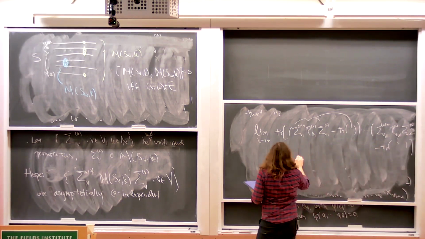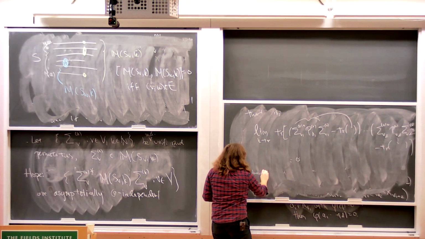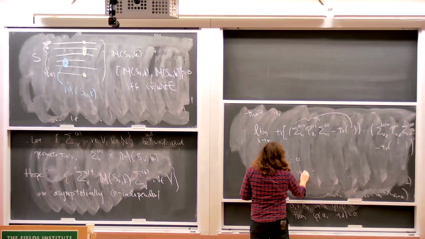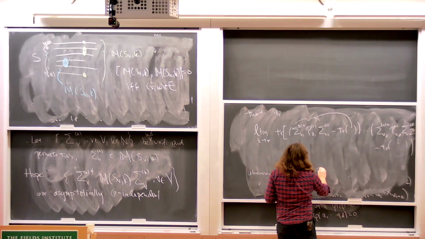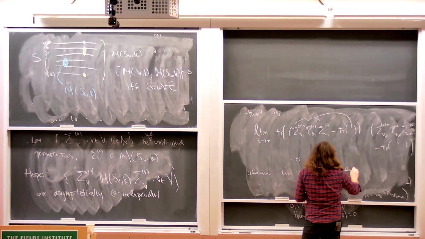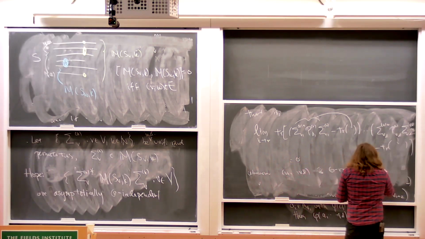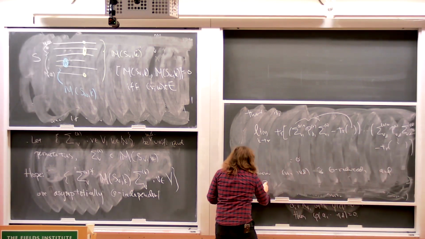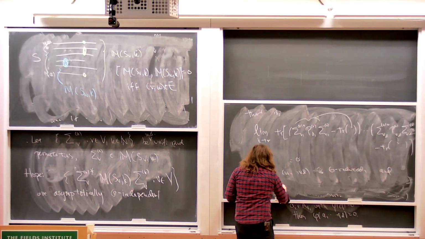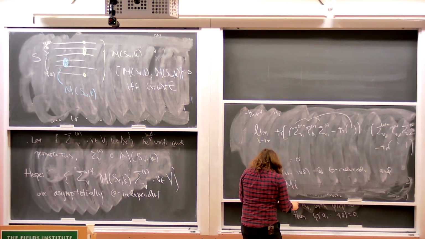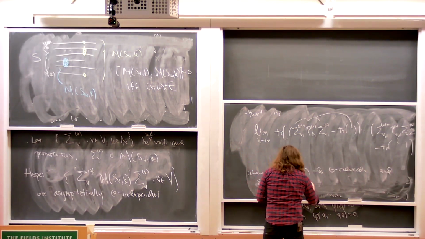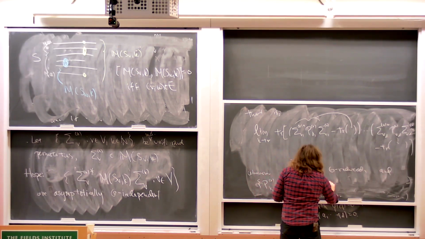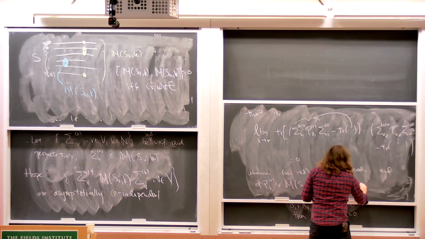I want this limit to be 0 whenever this is a G-reduced tuple of vertices, and these P's, P_{V_i,k}, belong to this algebra M_{S_{V_i},k}, i from 1 to d, are uniformly bounded.